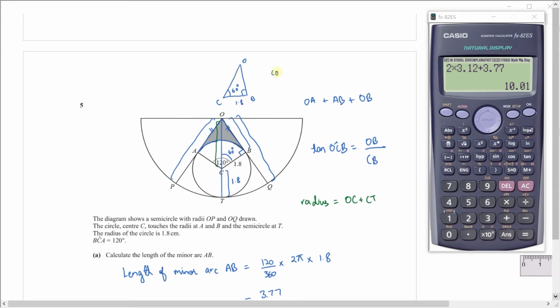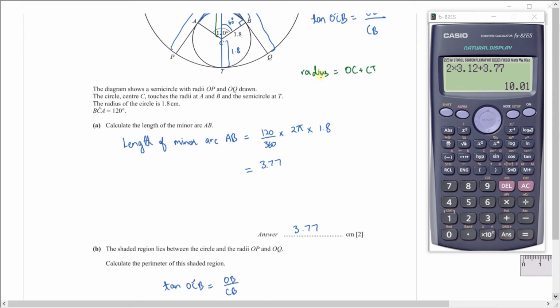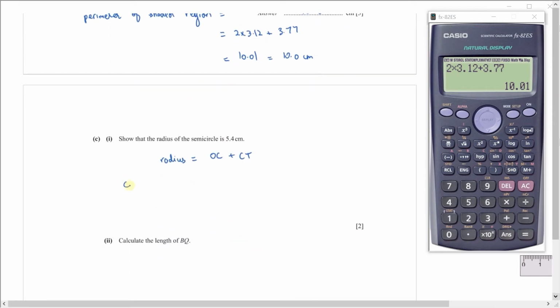So we can use cos of 60 degrees equals the base 1.8 over the hypotenuse, which is OC.